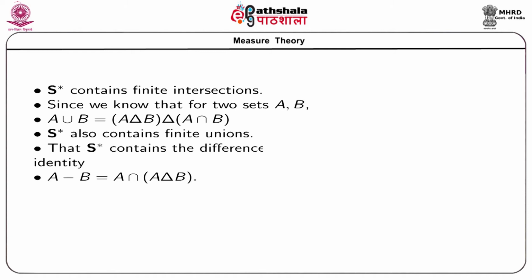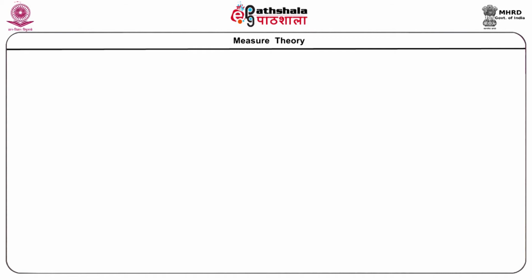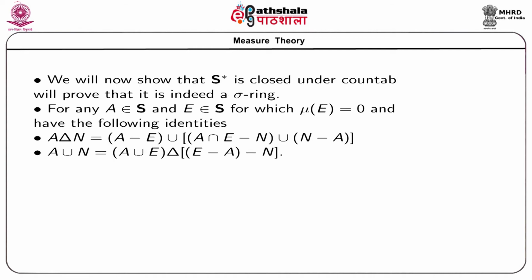Again, S star actually contains the differences also, which follows from the well known identity that we can write A minus B as A intersection A delta B. So, we have already shown that S star is a ring.